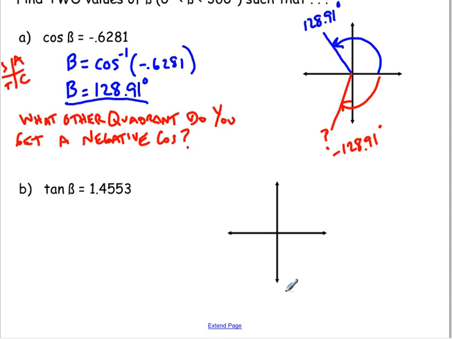So in order to give it as a positive angle, add 360 degrees, and you're going to get 231.09 degrees. That would be if I went like that. That angle would be 231.09 degrees.